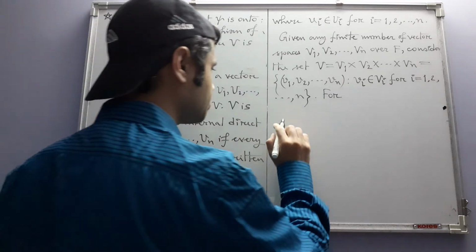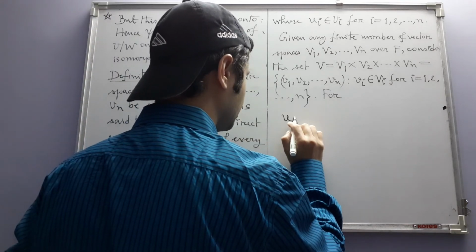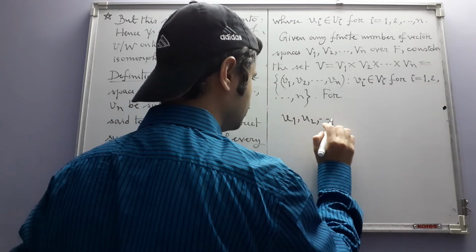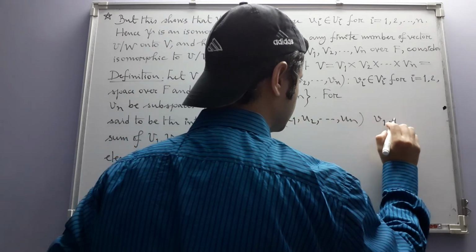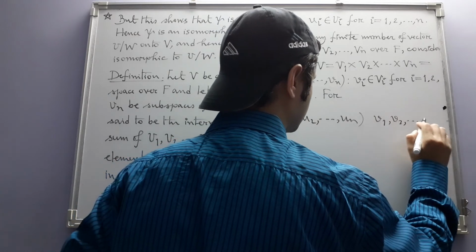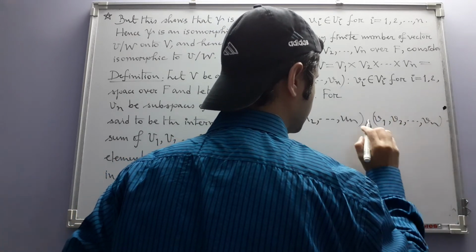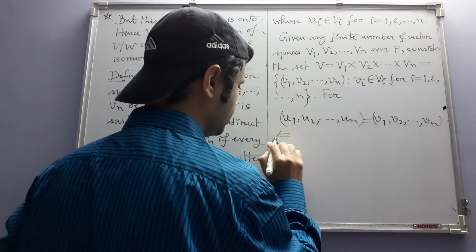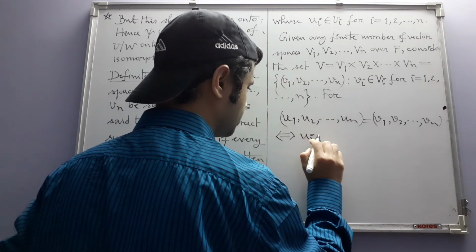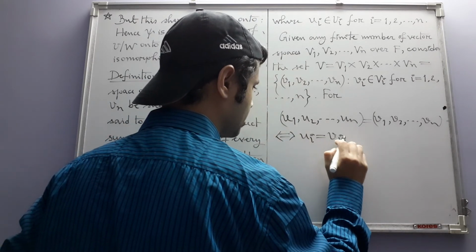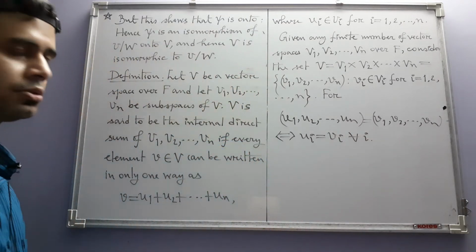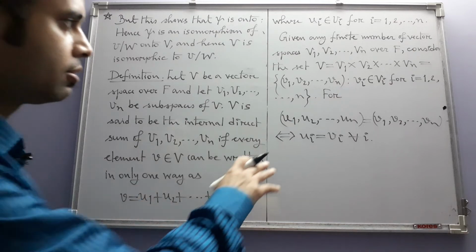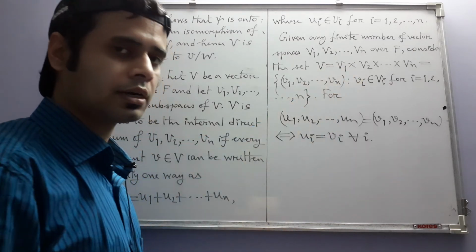By that we just simply mean this. Say you have one n tuple u1, u2, etc. up to un, and you have another such, then they are equal if and only if the ith components are equal for all i varying from 1 to n. So all these things are already there in the definition of the Cartesian product.